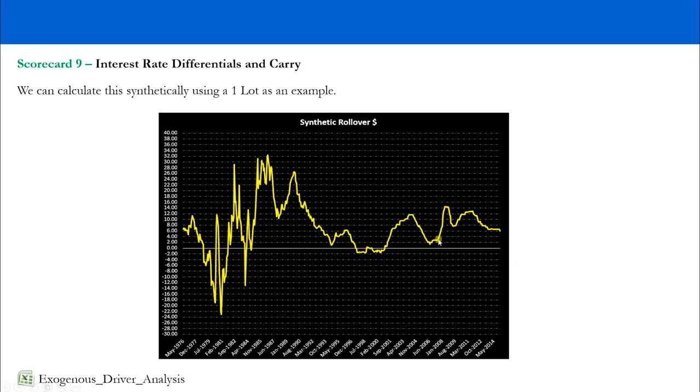And if you were short, obviously you get the opposite. You were paying out $2 per day, but now you're paying out $14 per day. So it becomes more attractive to be long and less attractive to be short.